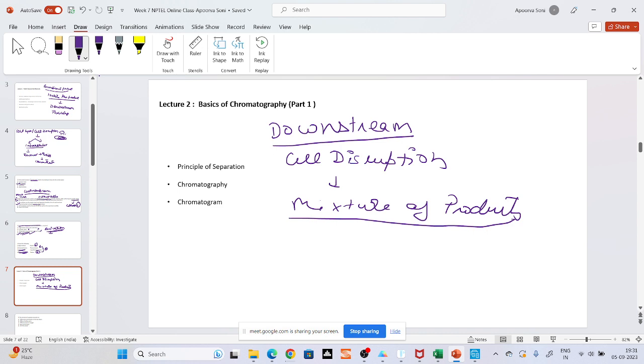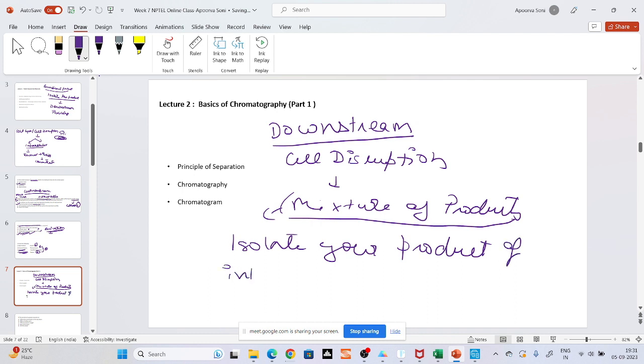Now what you have to do is, from this mixture of so many different kinds of products, you have to isolate your product of interest.